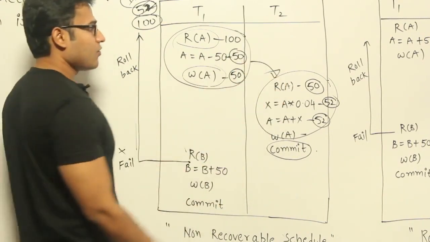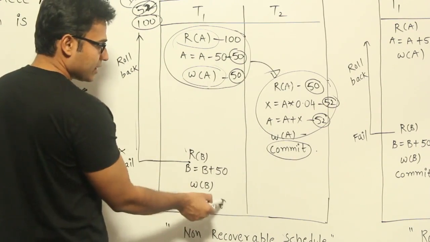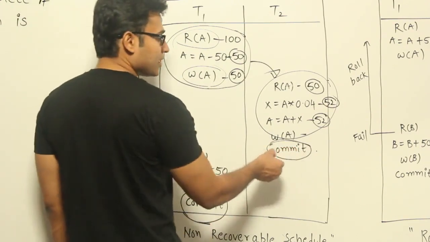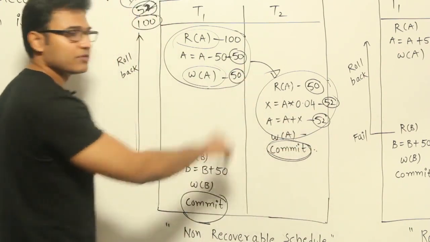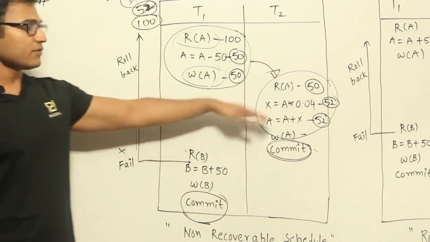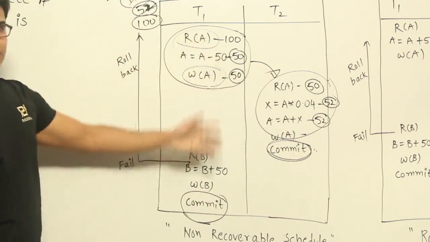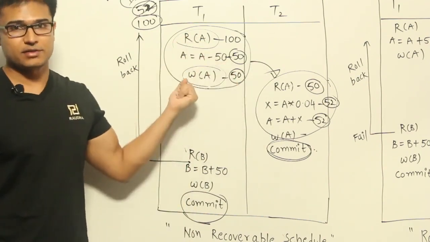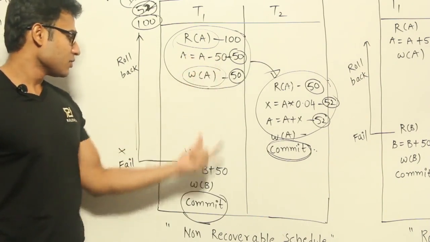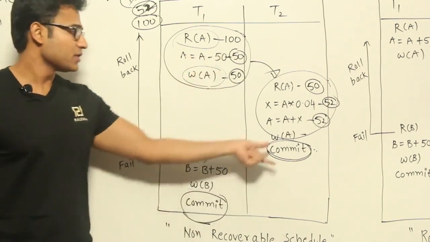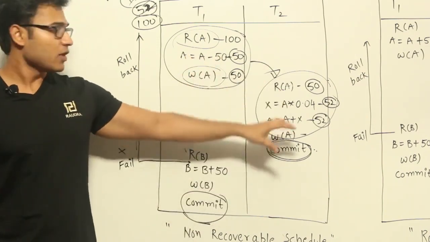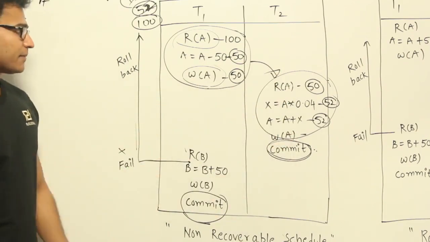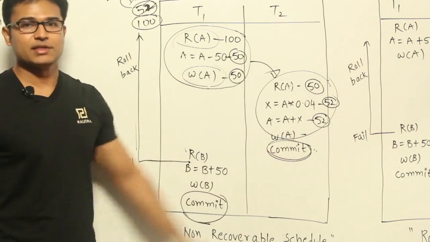Now, the person who wrote it has submitted the answer paper to the examiner and left. After he left, the other person changed the answer, thinking, okay, this answer was not right, so let me change it. Now this person is going to submit the answer paper after the first has already left, and he is going to lose the marks.